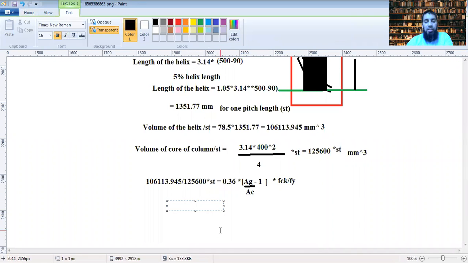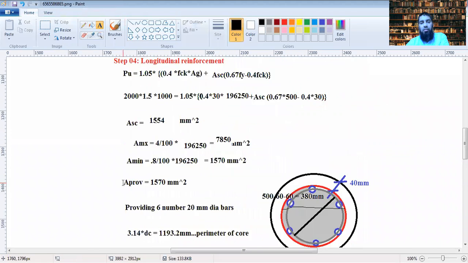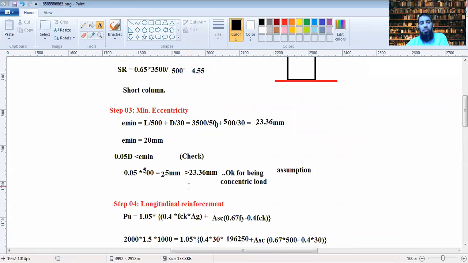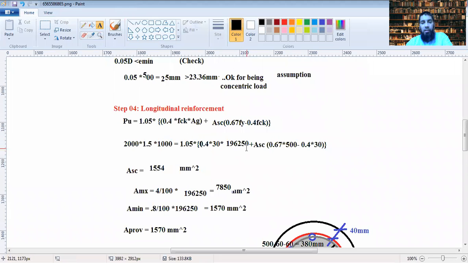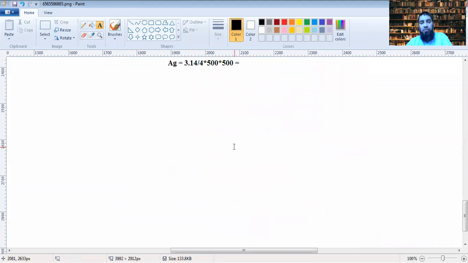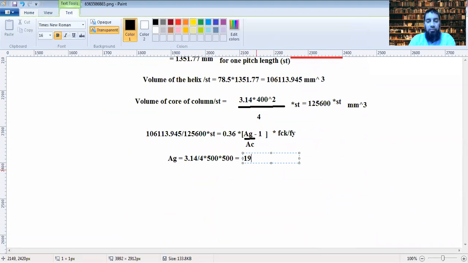Now how much is Ag? That's 3.14 divided by 4 into 500 cross 500. We have already calculated this. It was 196250 mm square.